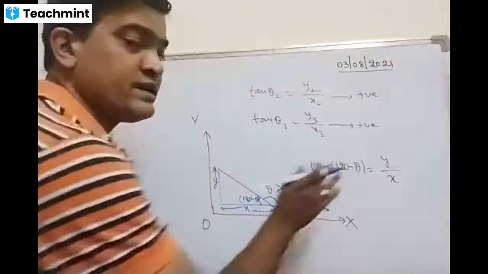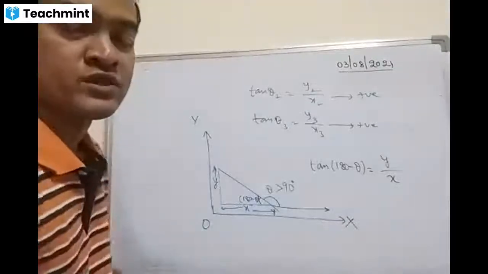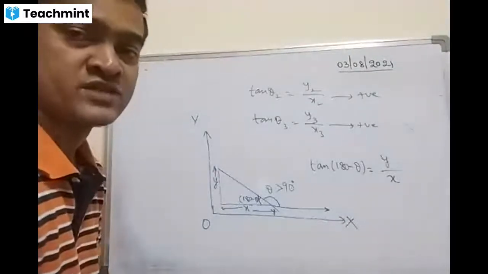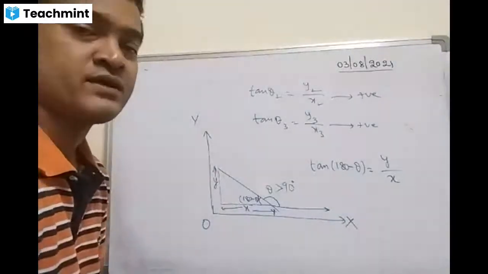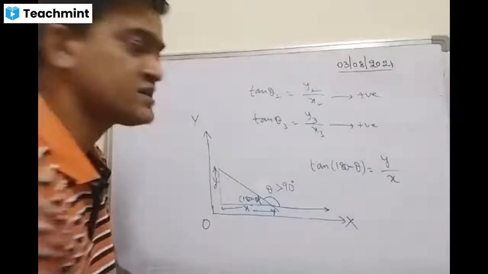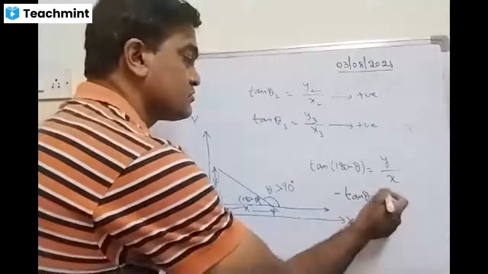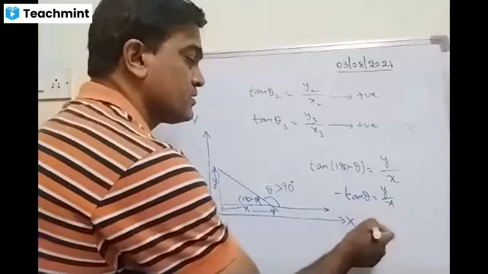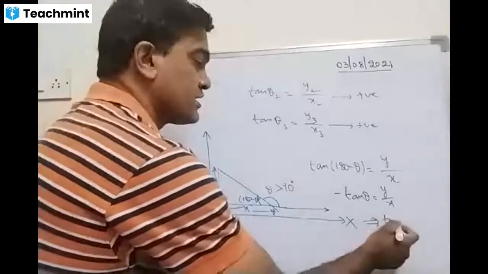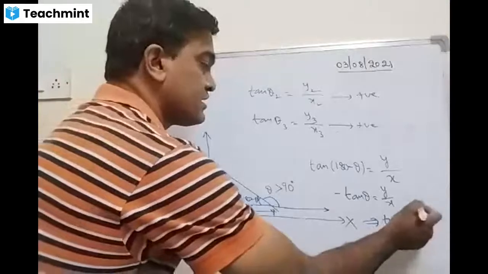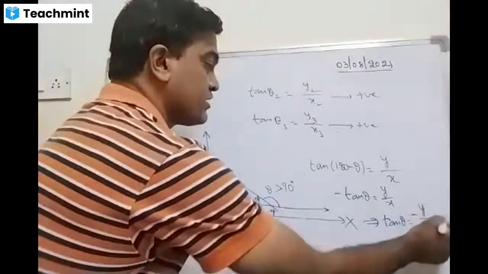If you recall the bridge course, there we have studied that tan of 180 minus theta is nothing but minus tan theta. So minus tan theta is equal to y upon x. From this, I can write the value of tan theta as minus y by x.